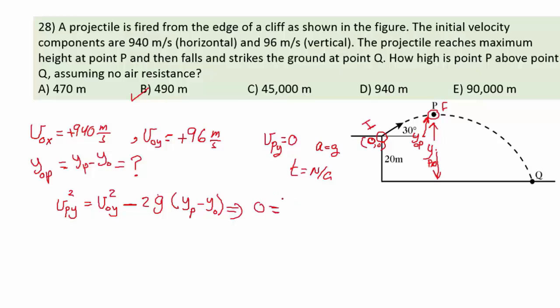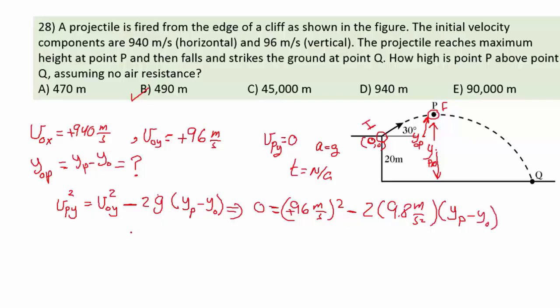So this is 0 squared equal to v0y, which is 96 meters per second, and this is squared, minus 2 times the acceleration due to gravity, 9.8 meters per second squared, times the unknown, which is yp minus y0.